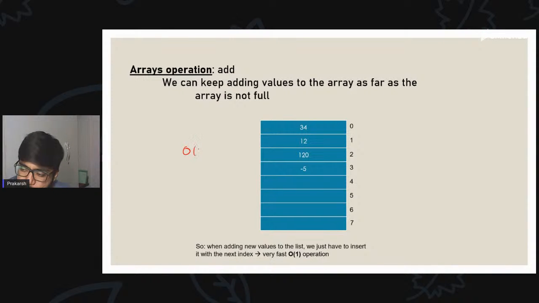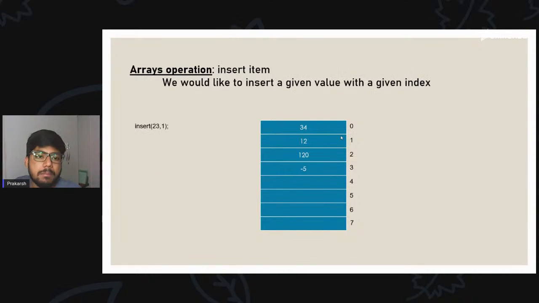Because it knows the size of the array, and it is working on a constant time notation. As you can see over here, every time it is adding something to the array, the new values have to be inserted into the next index. So it's something your program knows about.